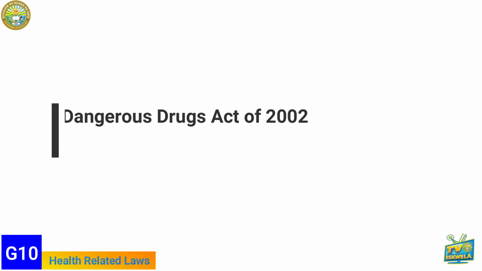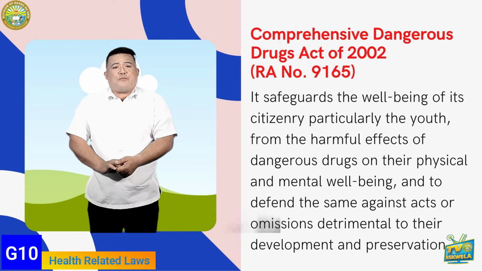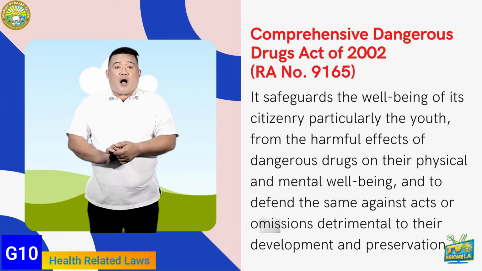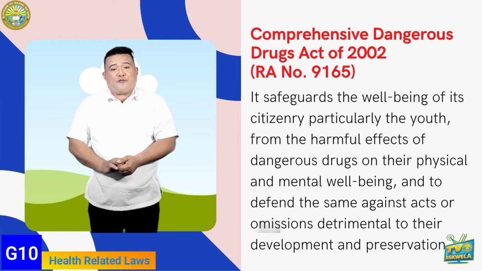And ninth, Comprehensive Dangerous Drugs Act of 2002, otherwise known as RA Number 9165. It safeguards the well-being of its citizenry, particularly the youth, from the harmful effects of dangerous drugs on their physical and mental well-being, and to defend the same against acts or omissions detrimental to their development and preservation.